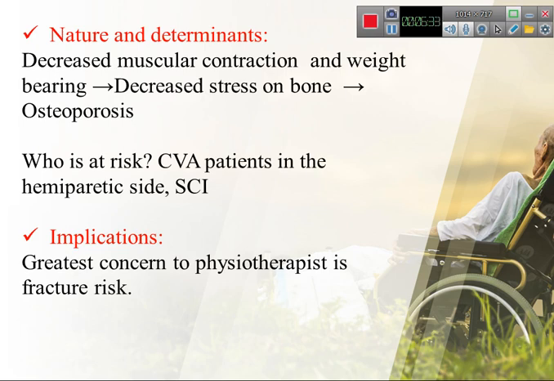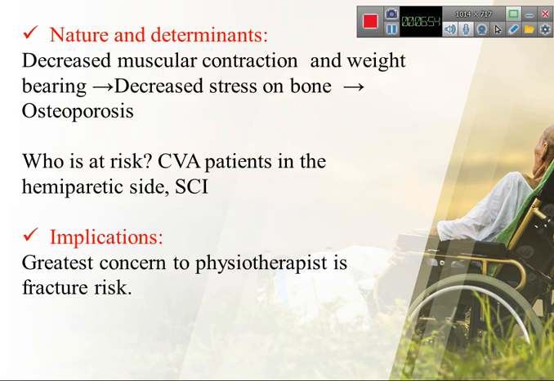What is the determinant for osteoporosis? When we have decreased muscular contraction and weight bearing, it can lead to decreased stress on bone, and finally, it can lead to osteoporosis. Who is at risk?